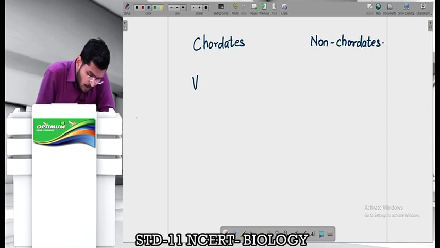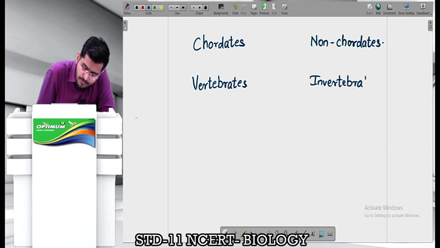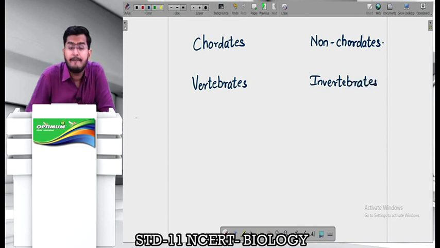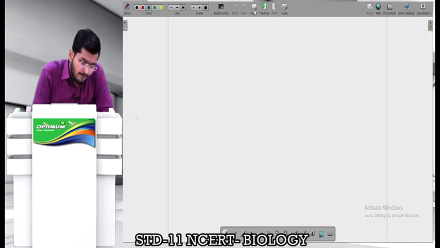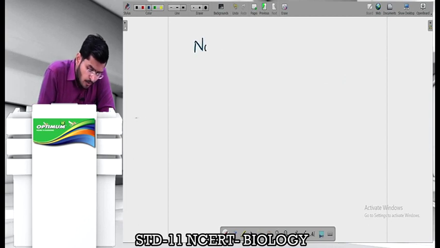Also, we very commonly come across the terms vertebrates and invertebrates. So let us understand what's the difference when I use the term chordates and vertebrates, or non-chordates and invertebrates, for which first I need to know what I mean by non-chordates or chordates.